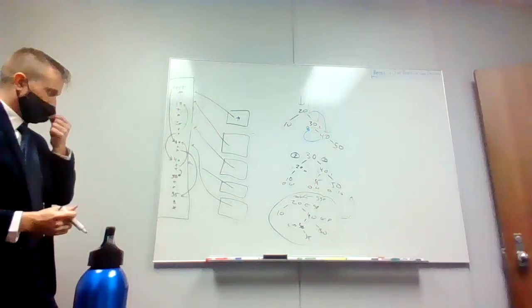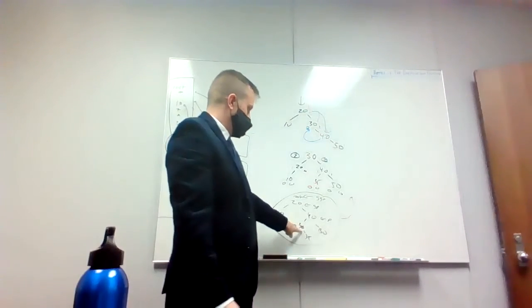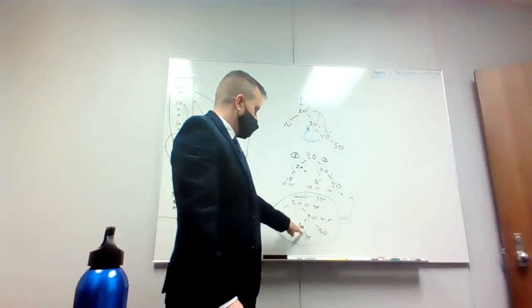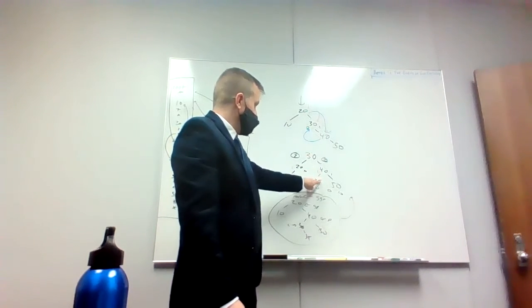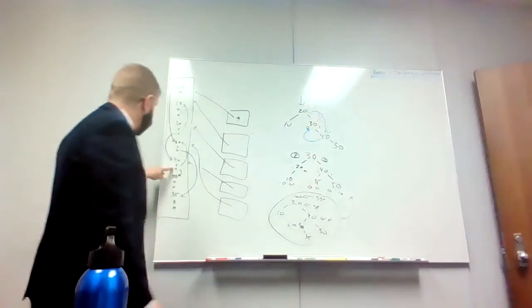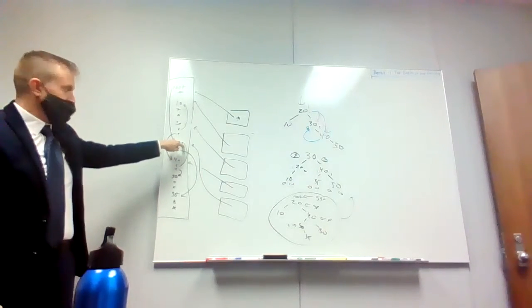So far, so good. The next question is, well, how do I rearrange this? So child right needs to be pointing here. 40 should point to 35. So 40's left is currently pointing at 30. See that? We don't need that anymore because now we're not pointing at it.